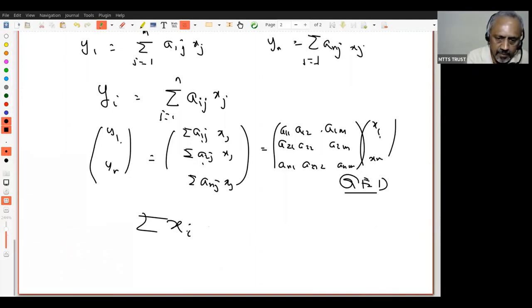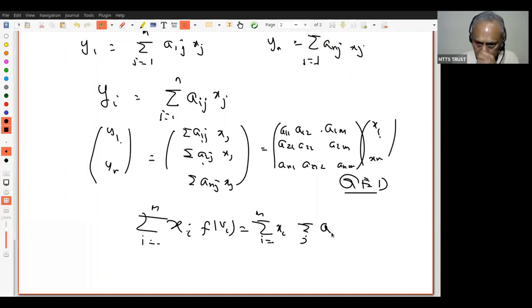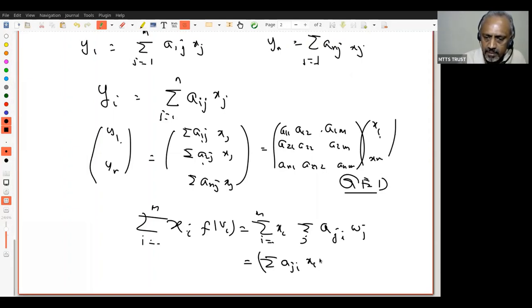The sum of xi f of vi, i equal to 1 to m, is the summation of xi, i equal to 1 to m, times the summation of a ji wj, j equal to 1 to n. This we can rewrite as the summation over j of the summation over i of aji xi, into wj. So we got it. You understand?